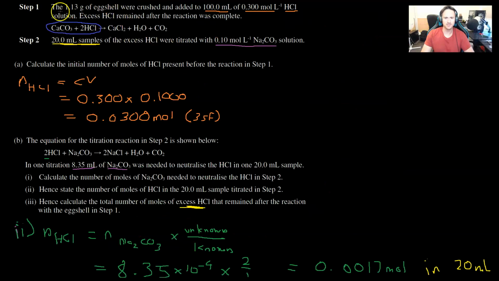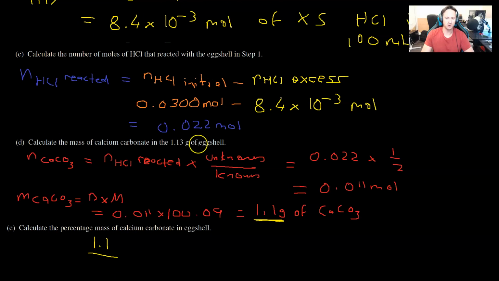So the total mass is 1.13 grams of eggshell. And we multiply that by 100. And that gives us 96%. And that's weight of calcium carbonate per weight of eggshell. Okay, so 96% of the eggshell is made up of calcium carbonate.